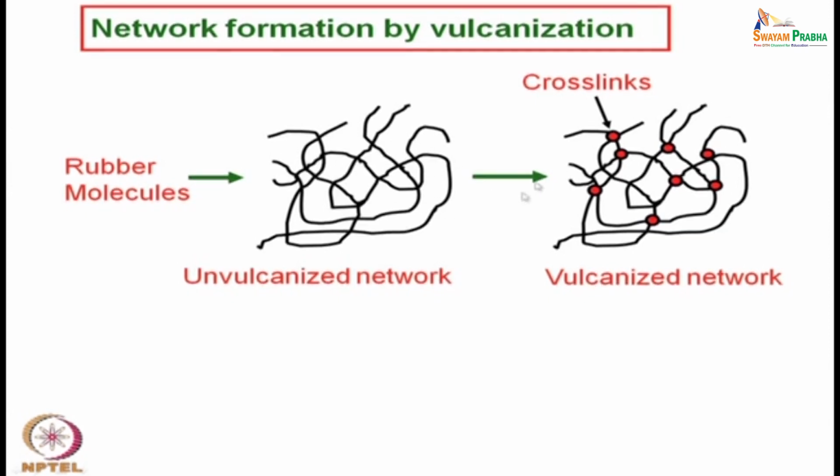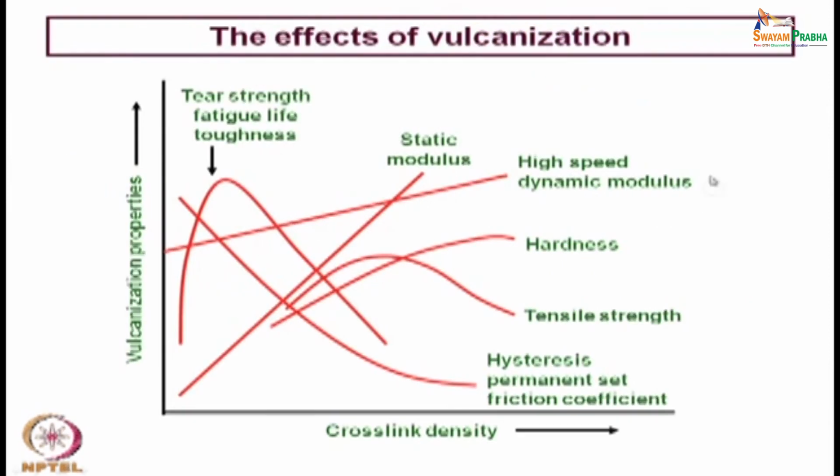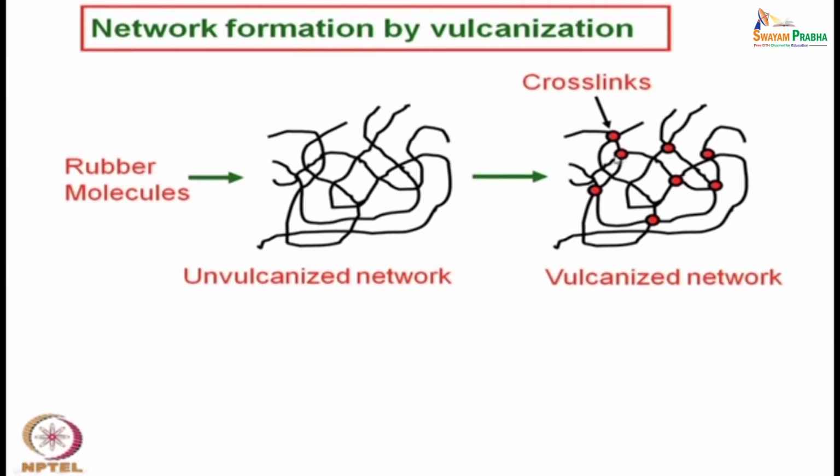The rubber molecules are interlinked through sulfur, as I showed you the mechanism in the previous 2-3 slides. So, these red dots are actually the cross link or vulcanization points or nodal points, where the sulfur has interlinked the rubber molecules. So, these are sulfur cross link sites.